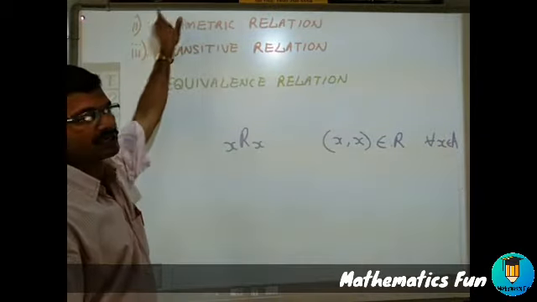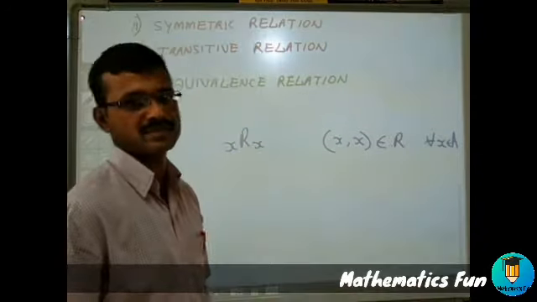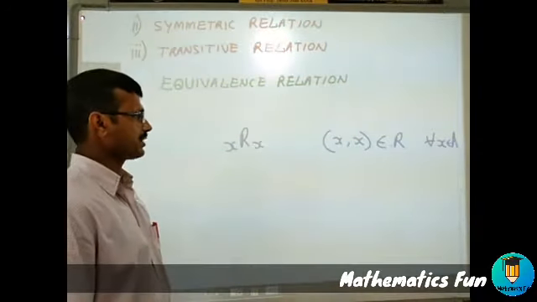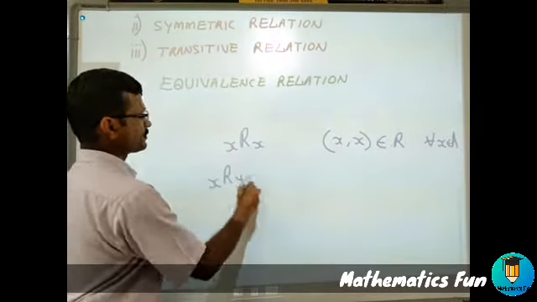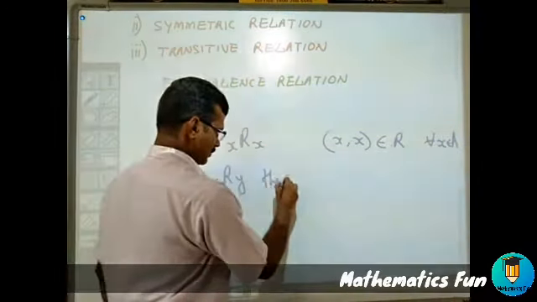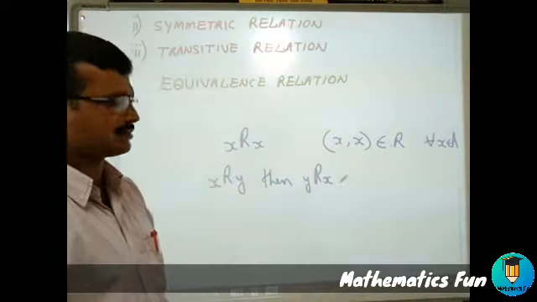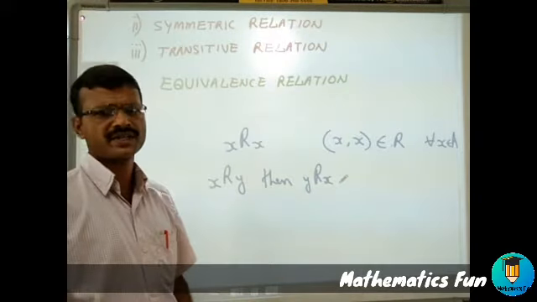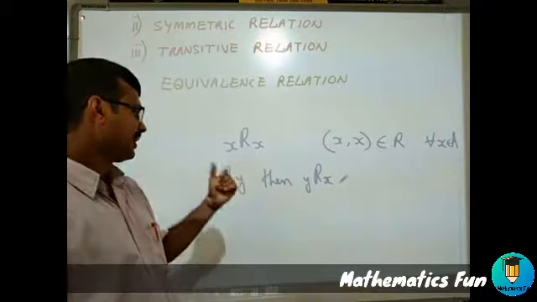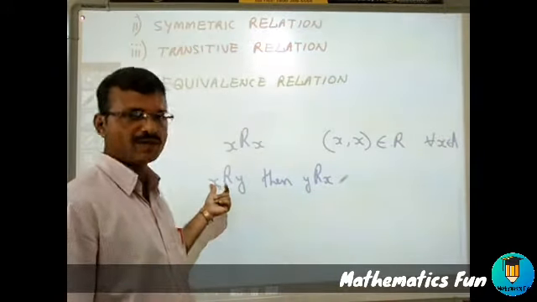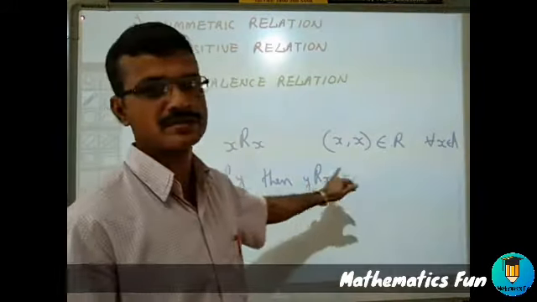And the next one is the symmetric relation. A symmetric relation is a relationship between two elements. For example, suppose one element x is related with y, then y is also related with x with the same relation. Examples: in the case of similarity, if triangle 1 is similar to triangle 2, then naturally triangle 2 is similar to triangle 1.